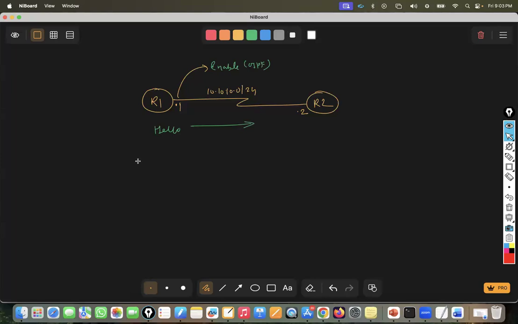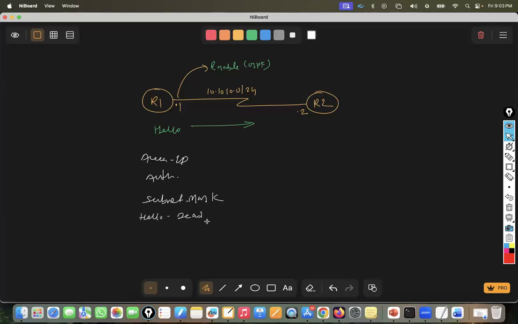Like the area ID, authentication, and the subnet mask. You just have to remember all these values, because in interviews they are going to ask about hello and dead intervals.